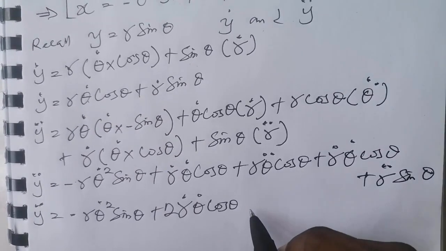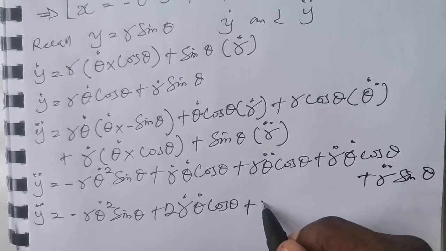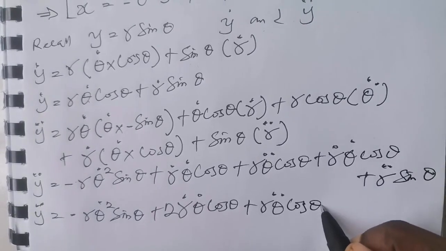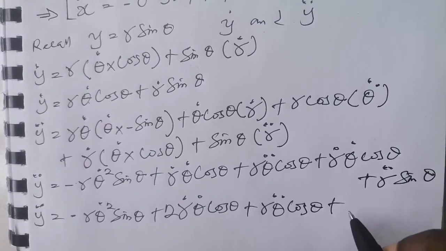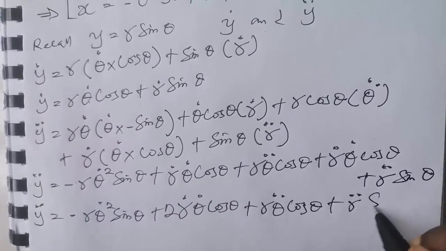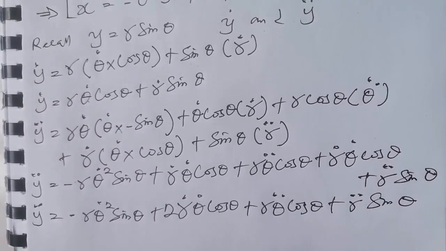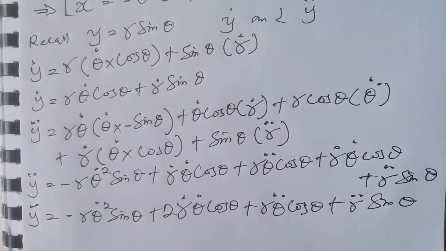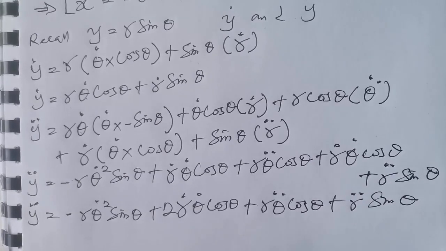All right, so we have here plus r theta double dot cos theta, plus finally you have r double dot sine theta.